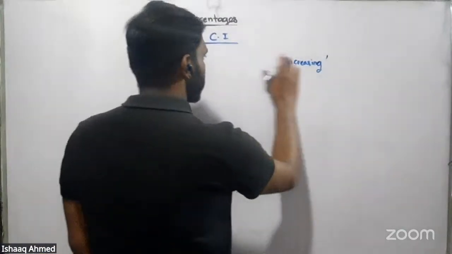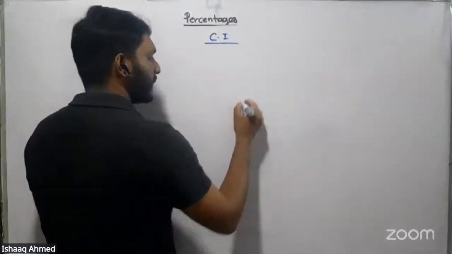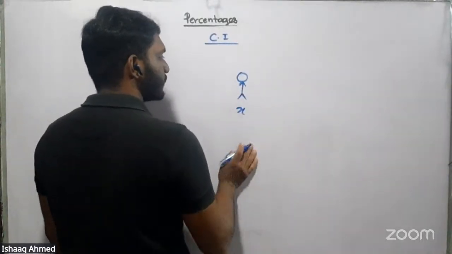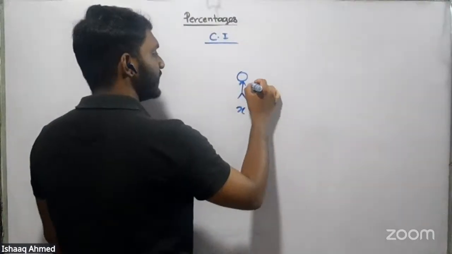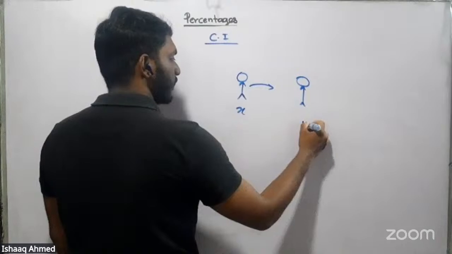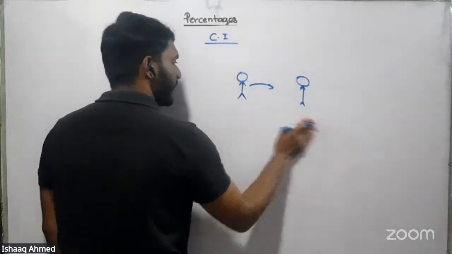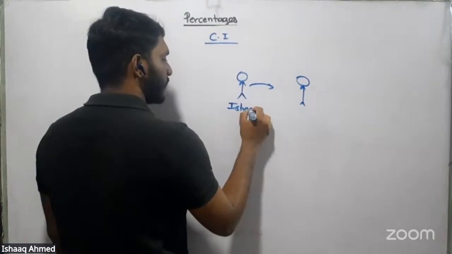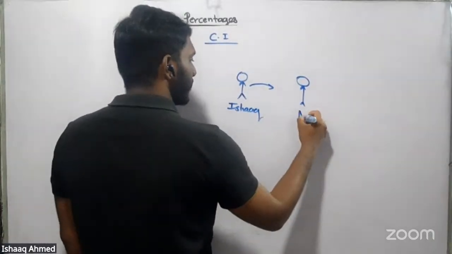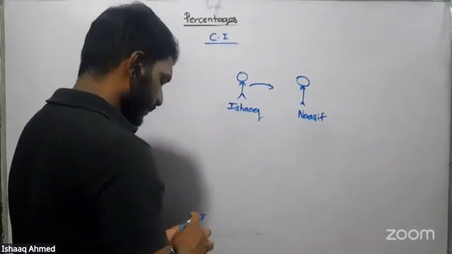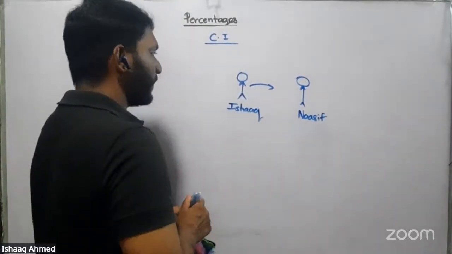How does that work? So take a person X giving a loan to person Y. We'll go with proper names. Say I am Ishaaq, and my friend is Nasif.